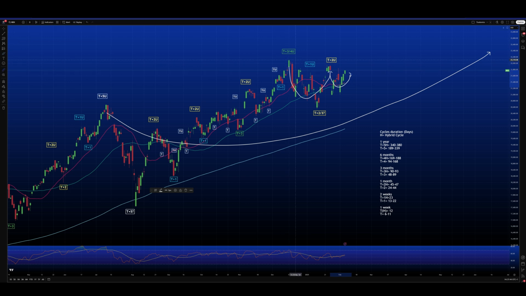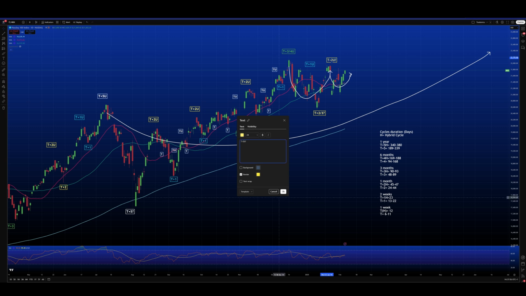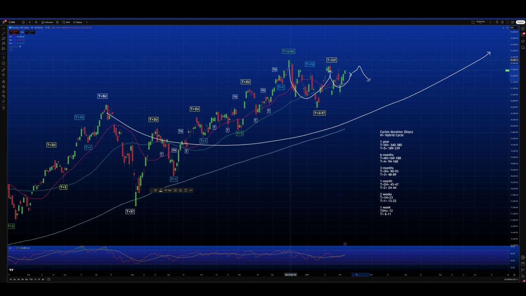At the moment, we have a total duration of 35 bars. So here we have definitely the condition to have a T+2 upward cycle, but we also have to expect eventually another closing of a cycle and then a T+2, because we still have time until 44 bars to have a T+2, right?